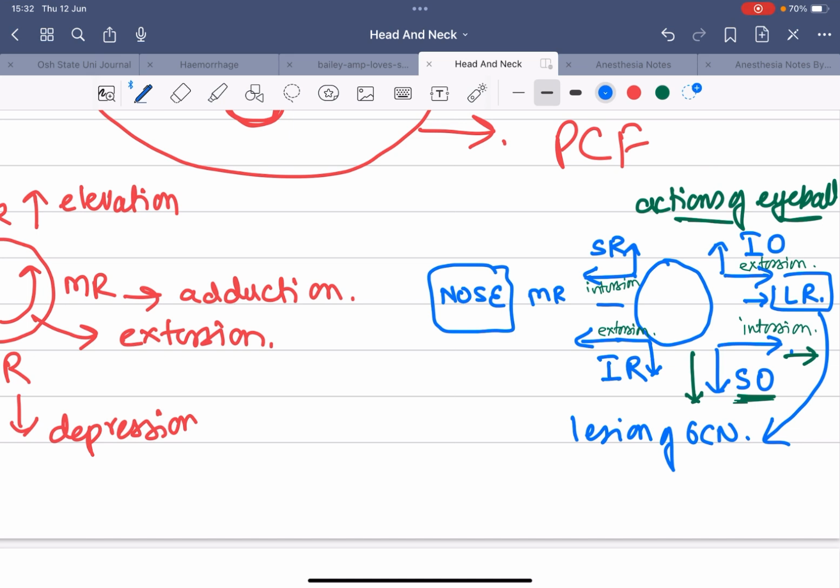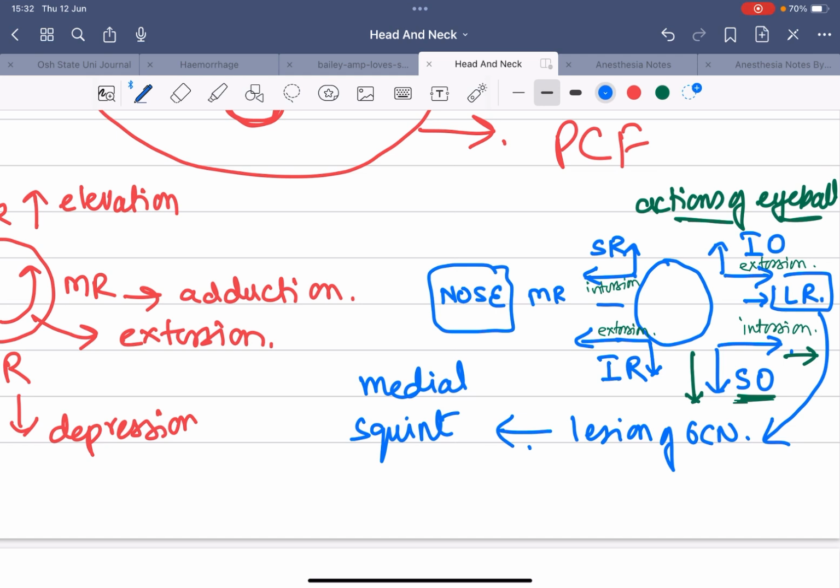When the lateral rectus, LR6, is not working, the medial rectus, MR3, becomes more powerful, so the patient develops a medial squint. So these are some of the points which you must remember.